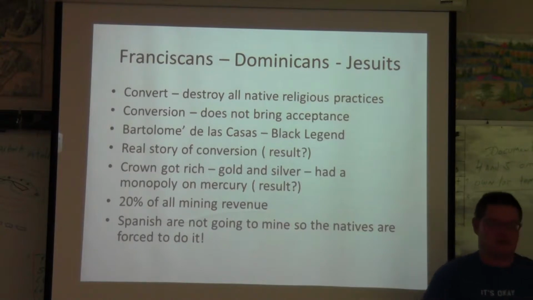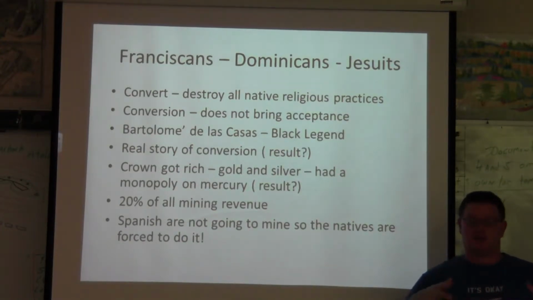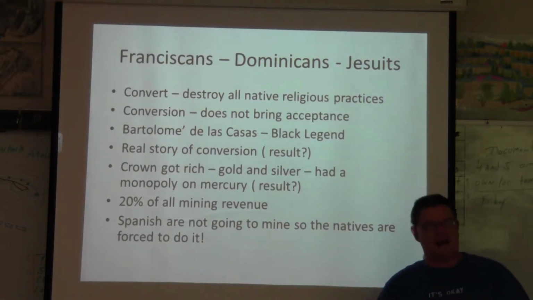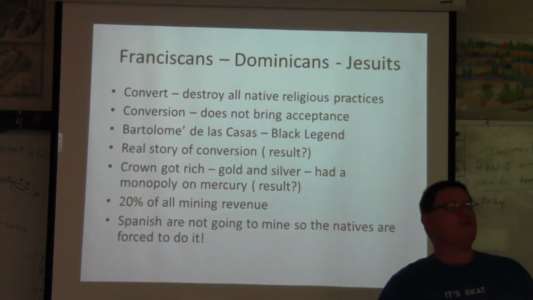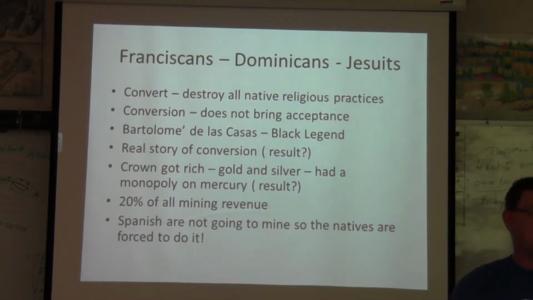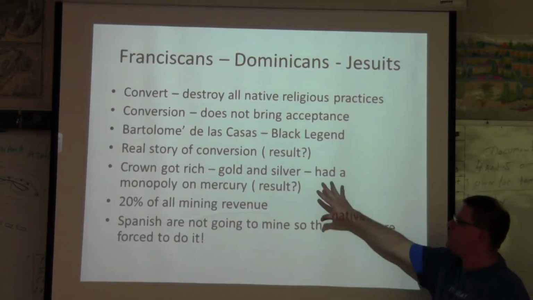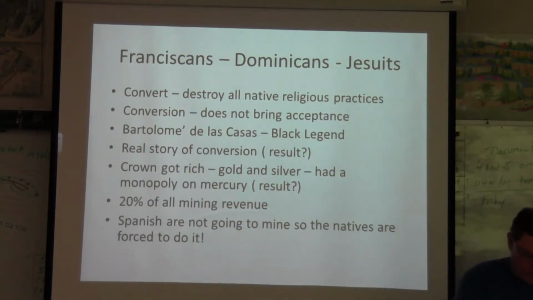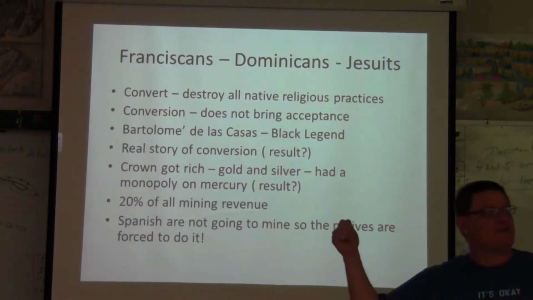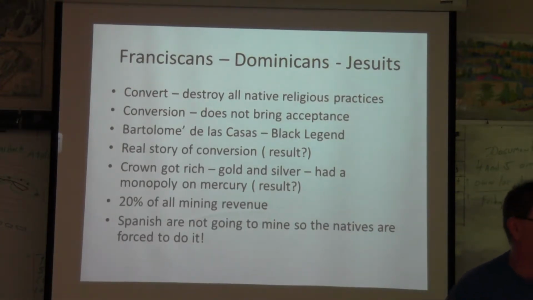And a Spanish chemist comes over and realizes that mercury can greatly speed up the mining and the extraction of precious metals. So the Native Americans are forced to use mercury that the Spanish government has a monopoly on.